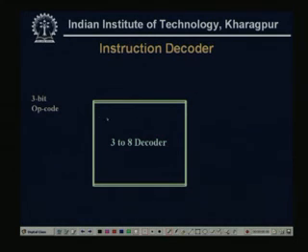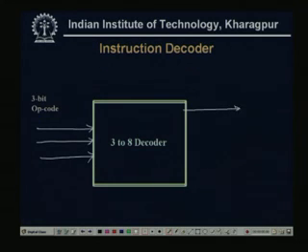So, a 3 to 8 decoder is necessary, which takes this 3-bit opcode, and there will be 8 lines for 8 instructions.